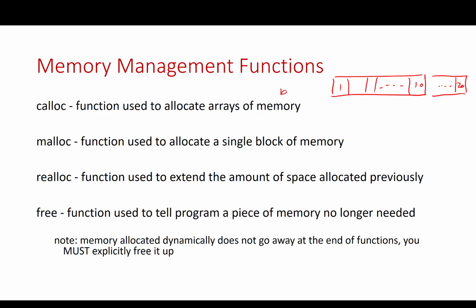Is this right? No, this is not what happens. This will never happen. The compiler will go to the memory, find a free block of 20 elements, and copy these here, and then expand the other 10.